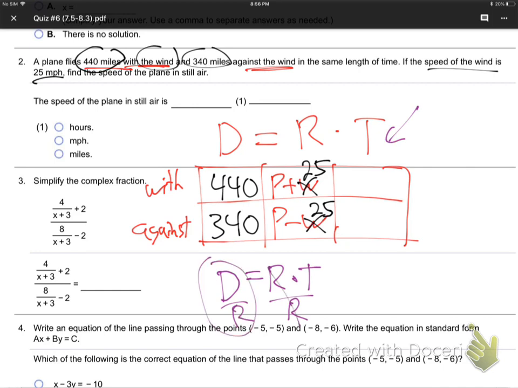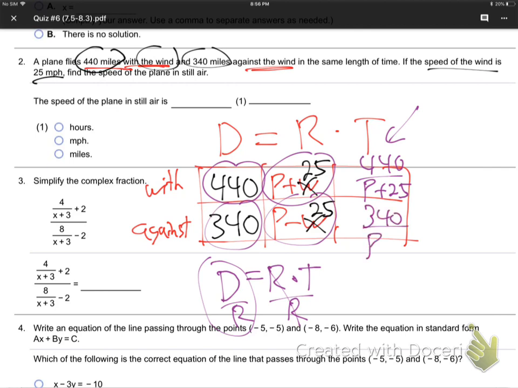So T will be D over R. So this will be 440 over P plus 25, and this one will be D over R, 340 over P minus 25. Everybody good there? See what I did?